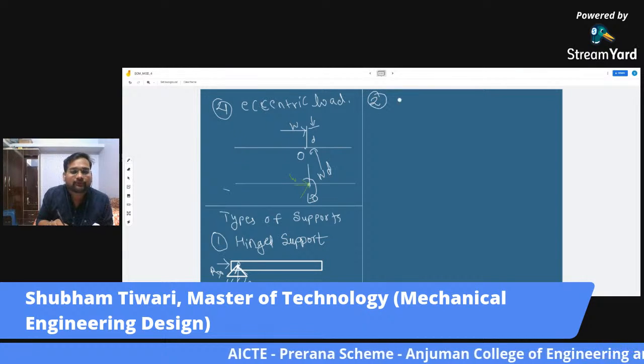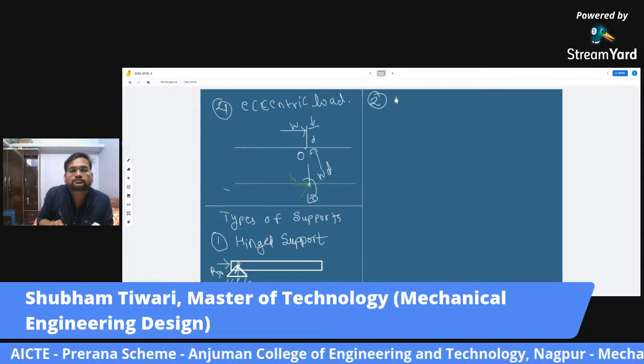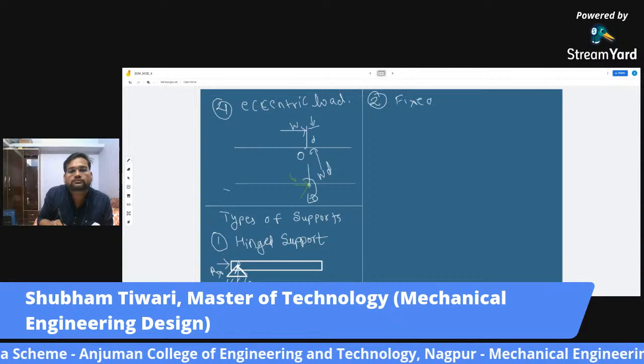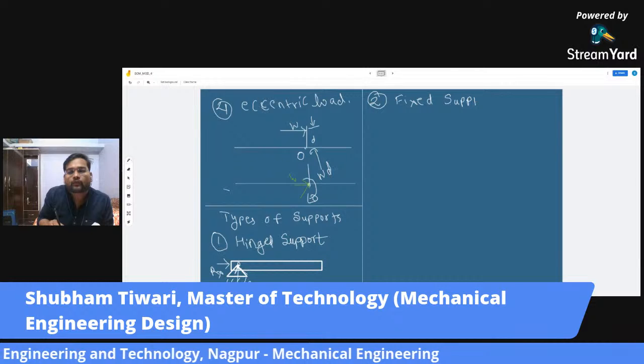Now, the second type of support is a fixed support. Now this is quite interesting one.